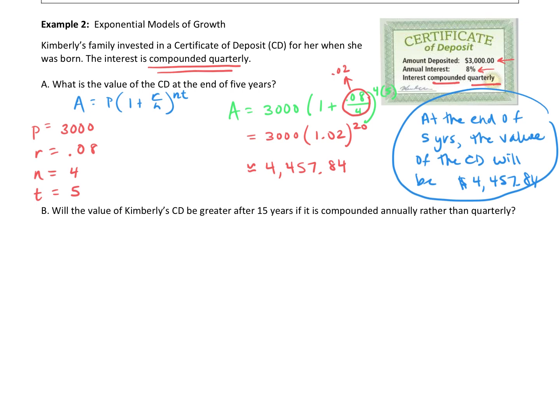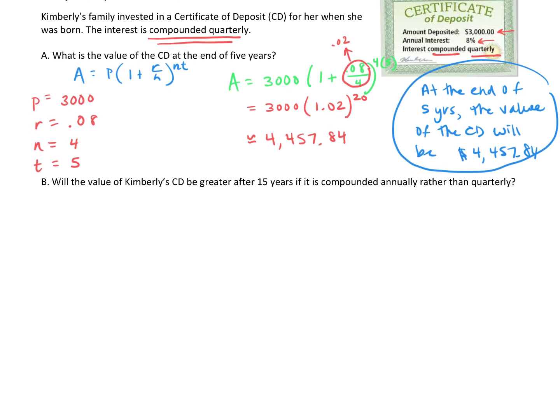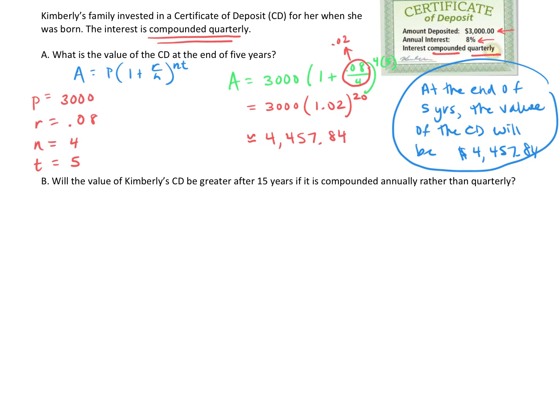All right, part B. Will the value of Kimberly's CD be greater after 15 years if it is compounded annually rather than quarterly? So we're going to run through this formula a couple more times. First, if we are compounding quarterly, what is the value of the CD after 15 years? So we can just jump right to our formula.